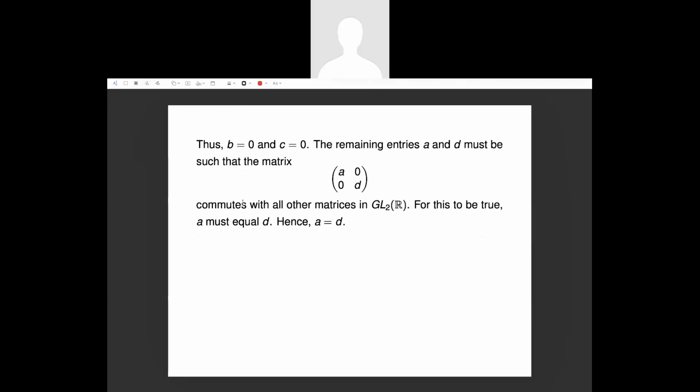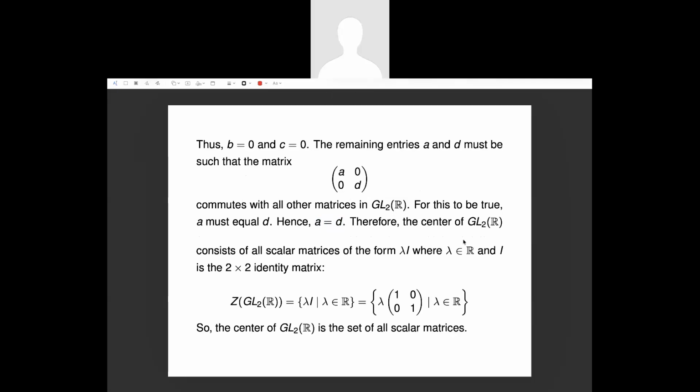The matrix [a, 0; 0, d] commutes with all other matrices of GL2, and for this to be true, a must be equal to d. Hence a is equal to d. So we can say that the center of GL2R is of the form lambda times I, that is [lambda, 0; 0, lambda].